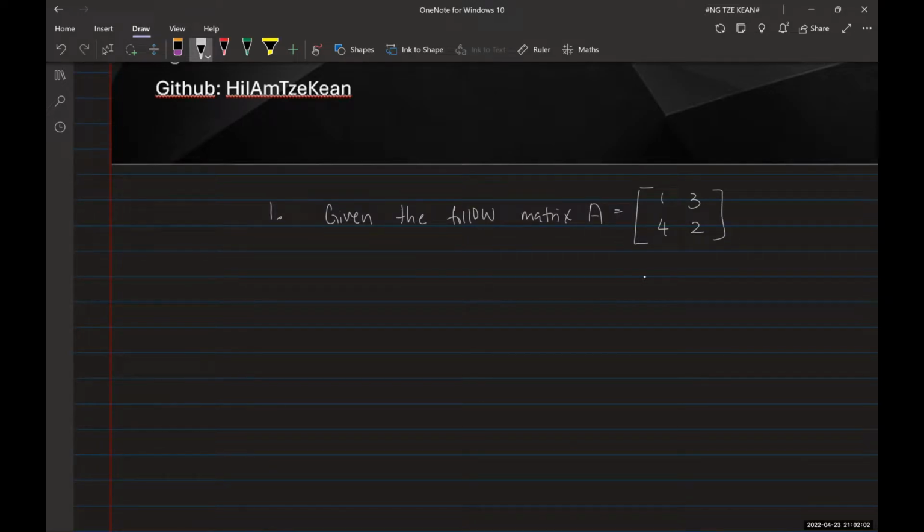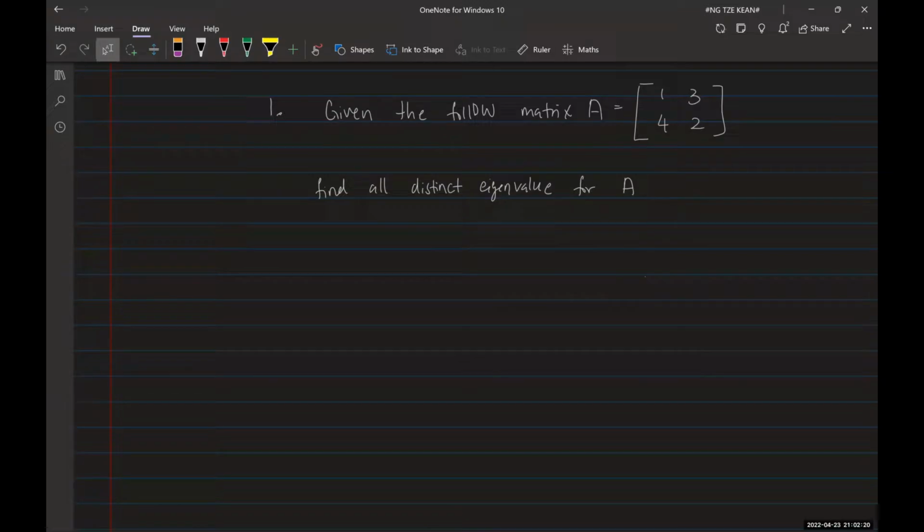So this is our matrix A. We want to find all distinct eigenvalues for A. To find distinct eigenvalues for A, we can solve using the characteristic equation. The characteristic equation is (A minus lambda I) x equal to 0, and we can then get the characteristic equation here.